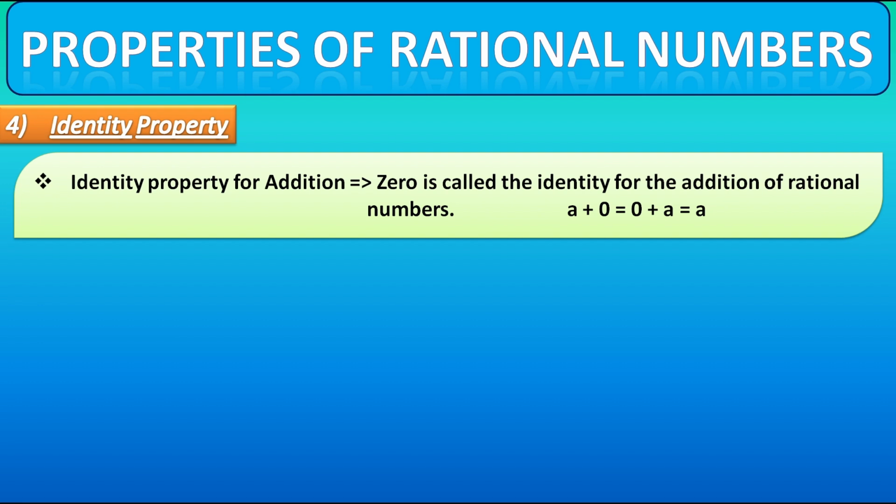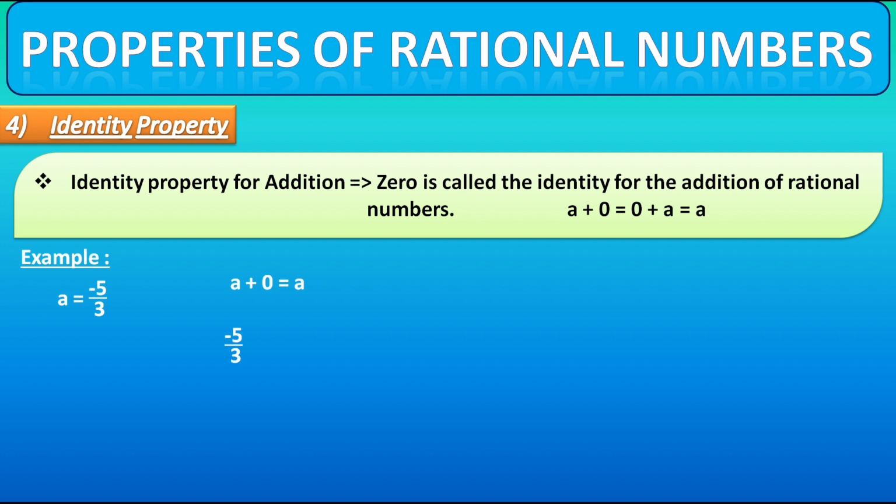Identity property for addition is 0. Okay, 0 is called the identity for the addition of rational numbers, because whenever we add 0 with any rational number, we will get the answer as that rational number only. Let's check with the help of an example. Here I am taking the rational number minus 5 upon 3, and let's add it with 0.